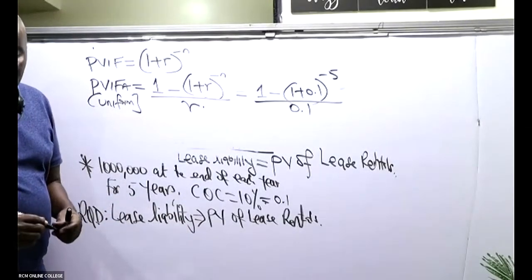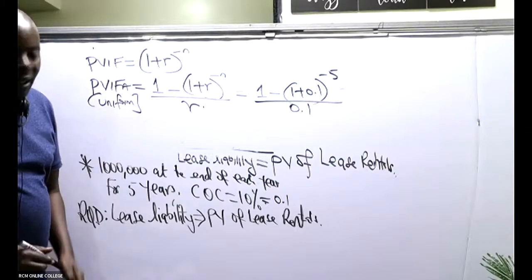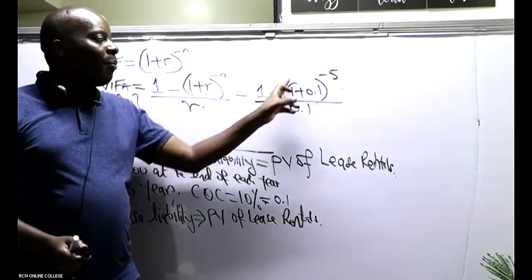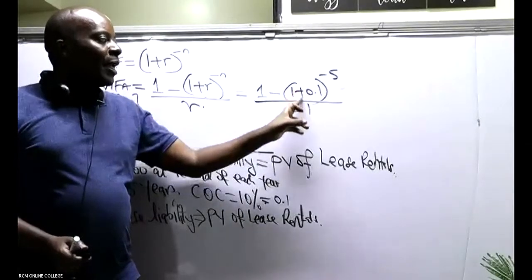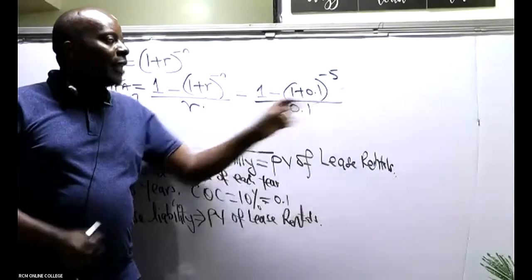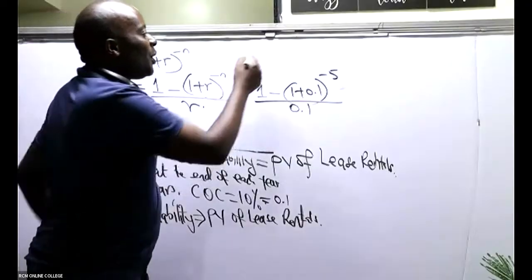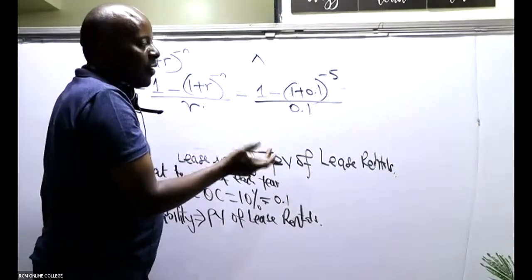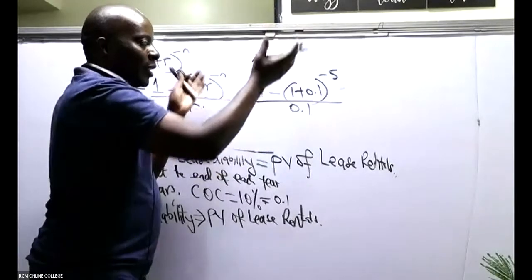Is there somebody, ladies and gentlemen, who is able to pick their calculator and do the following? Say 1 minus, open brackets, 1 plus 0.1, close. Then you say raised, you'll see x raised to y there. So you say raised to negative 5, and then you say equals first.